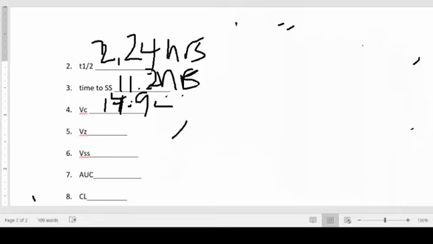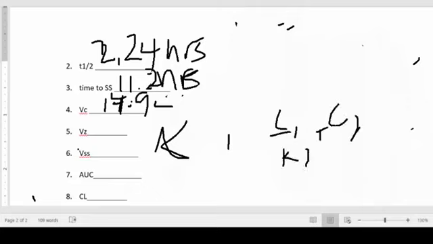I don't think you need me to show you how to plug and chug. V zeta, VSS, area under the curve. Area under the curve is C1 over K1 plus C2 over K2. That's easy enough. I know that one by heart. And then clearance is just dose divided by area under the curve. You can do that one easily.